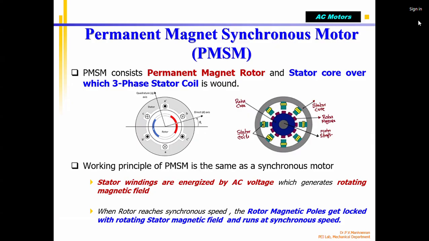For that, they have made additional arrangements. They put what we call starting coils. In a synchronous motor, they add starting coils in the poles of the rotor, which will be energized apart from the rotor coil.